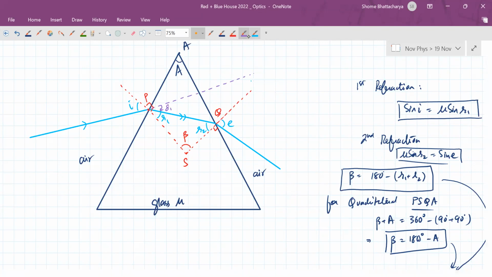And if we produce the final refracted ray, or the emergent ray, backwards, this is the deviation that this one has suffered. That's the same as this angle here. So this is now the net deviation. This is what we're looking for.